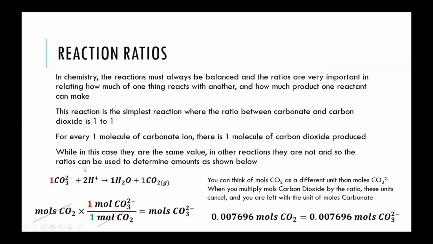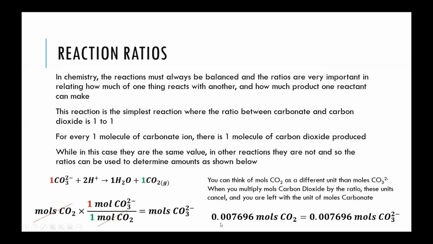The reaction ratio is 1 to 1. So if you have the moles of one component and the moles of another component, you can look at that ratio and cancel out moles of CO2, and you would be left with moles of carbonate. In this example and throughout this experiment, the moles of carbon dioxide is equal to the moles of carbonate because it is a 1 to 1 reaction ratio.